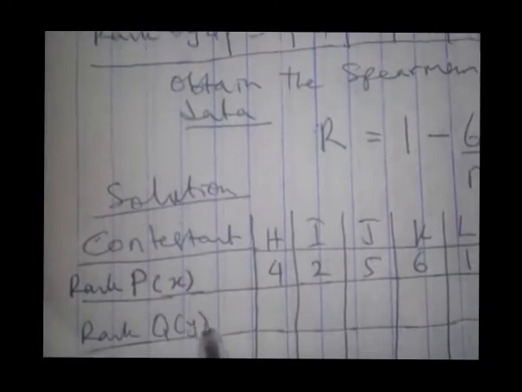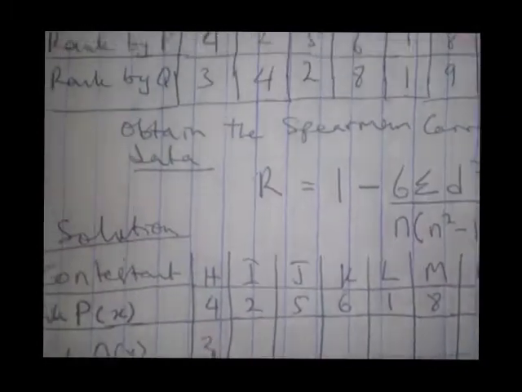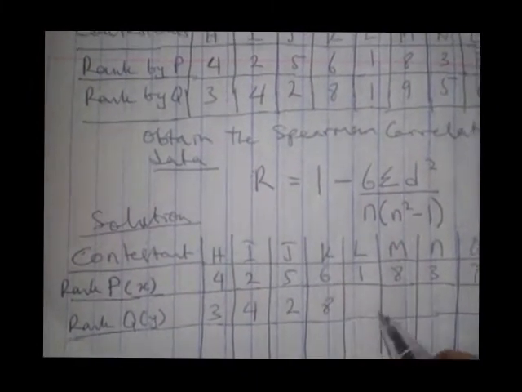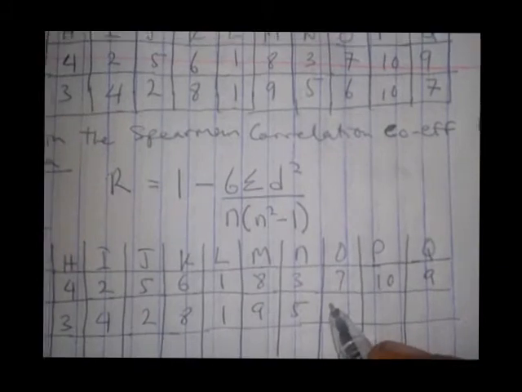Then the next judge, Judge Q, rank Q, and this will be my Y. My Y is giving me 3, 4, 2, 8, 1, 9, 5, 6, 10, 7.